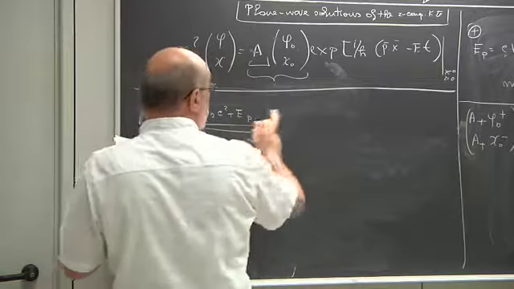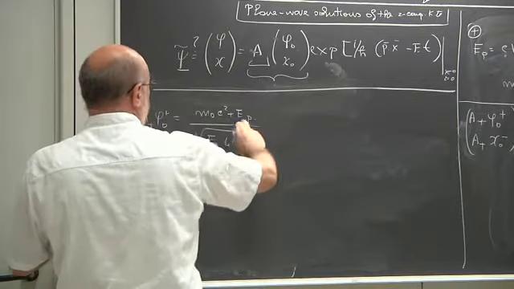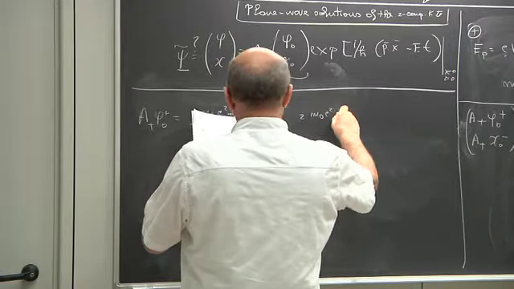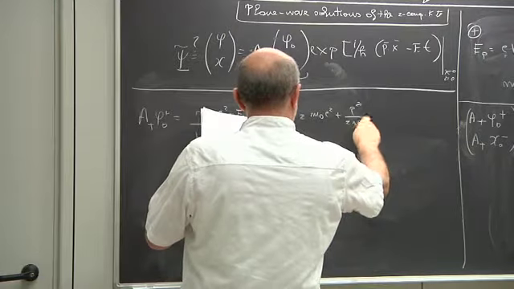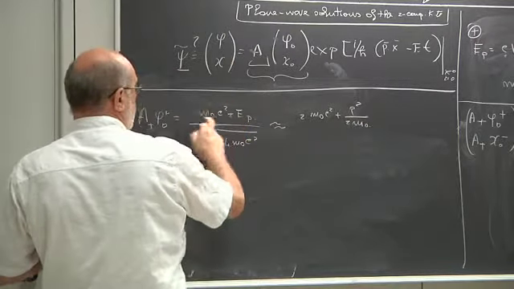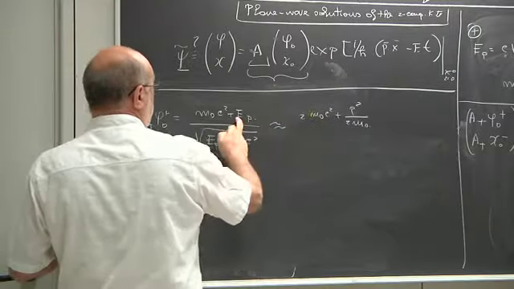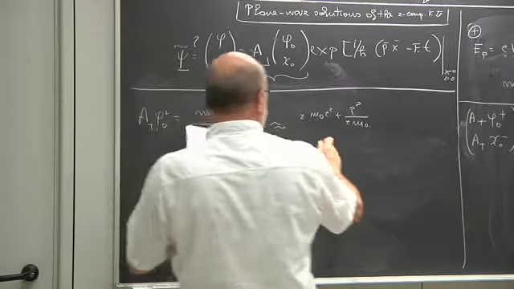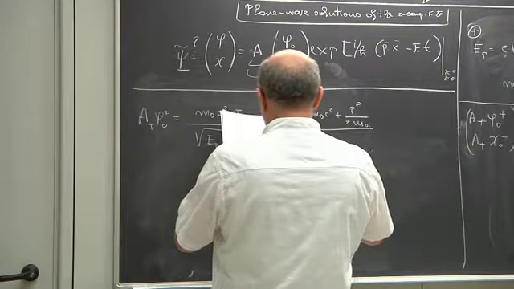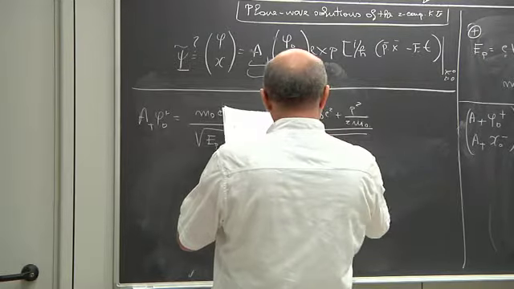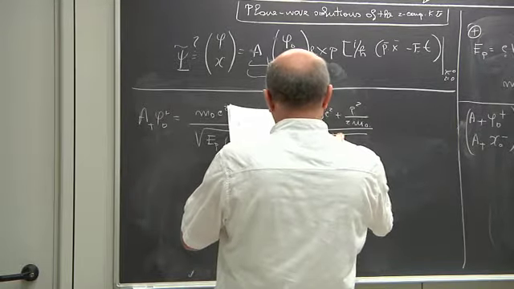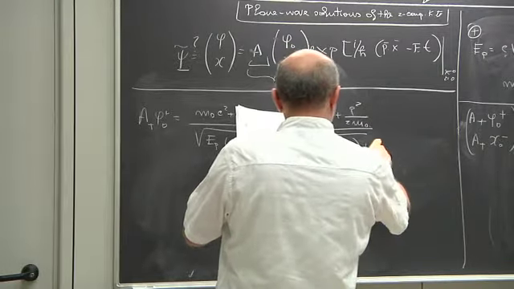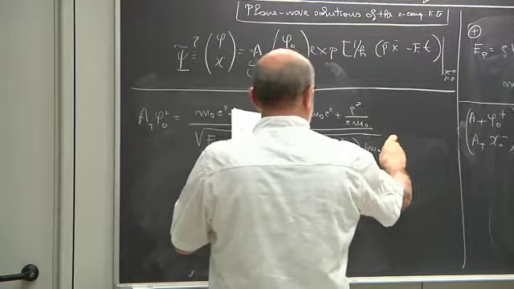Now, let's insert the non-relativistic limit for EP, and we get that this is 2m0 c square plus p square over 2m0. One m0 c square comes from this, and then there is the kinetic piece. So I have one object like that, another object like that, and so I get a 2. In the denominator, I get square root of m0 c square plus p square over 2m0, so 4 m0 c square.